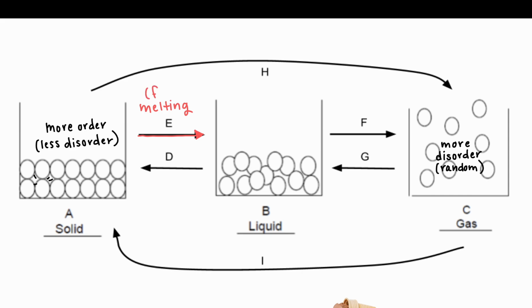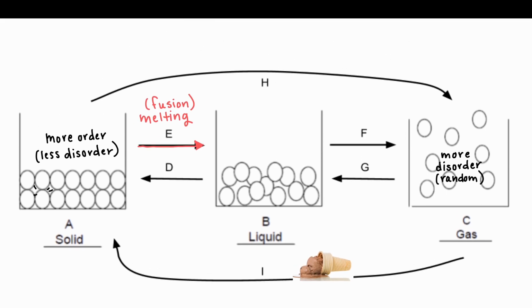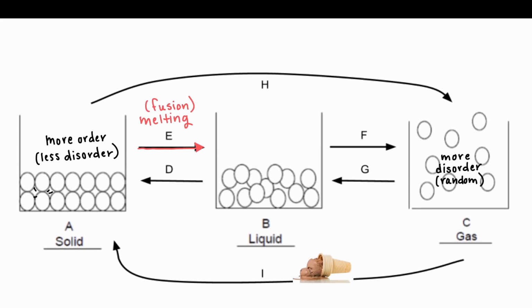Another term for melting that you can sometimes see is fusion. Think of an ice cube sitting out on the table, and after a while, that ice cube is going to start melting down. So a solid to a liquid is melting or fusion, and this is our first endothermic process.